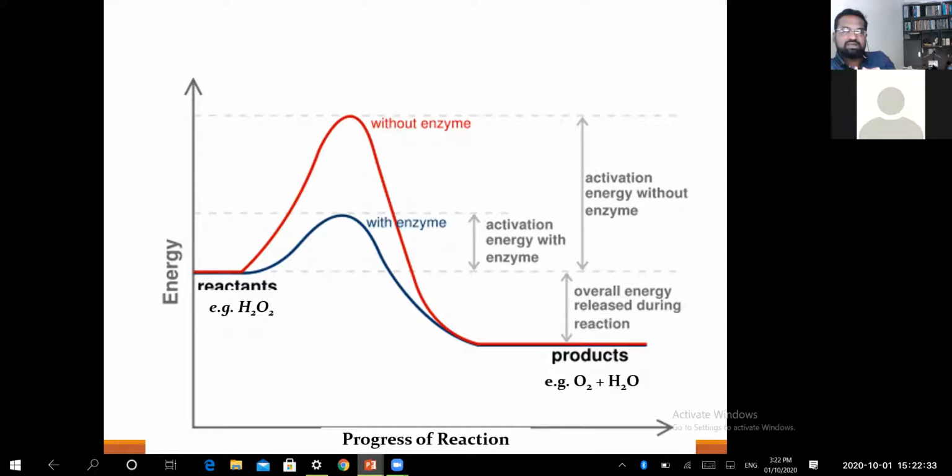Now, what our enzymes or catalysts are doing is reducing the amount of that particular energy required to carry out the reaction.